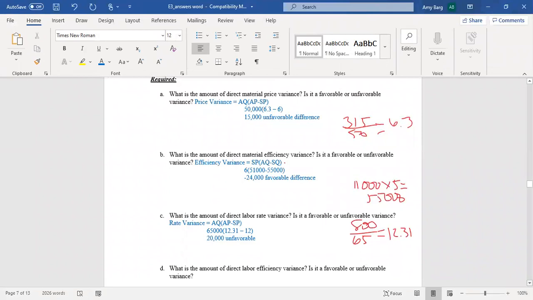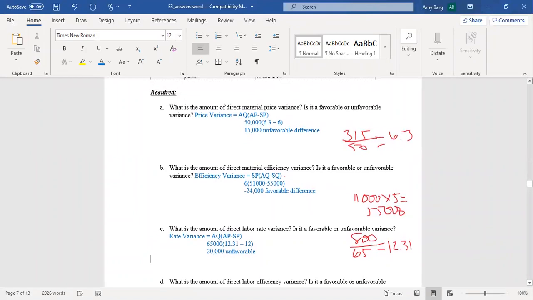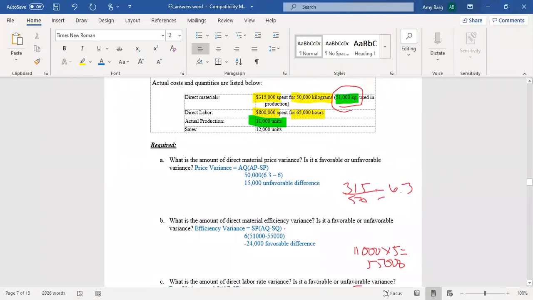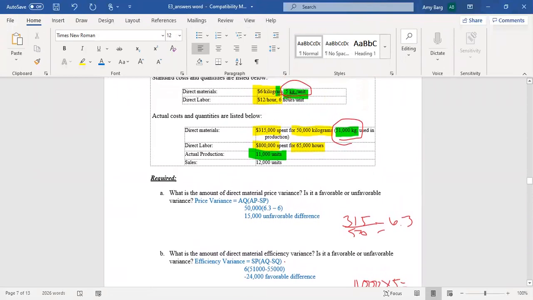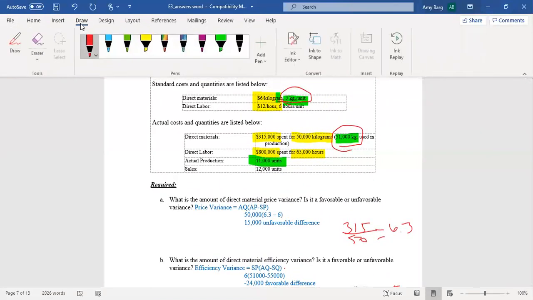So the last one, the direct labor efficiency variance. The efficiency variance is how well their labor was used, right? We know that there were 65,000 hours, and they were supposed to take 6 hours per unit.